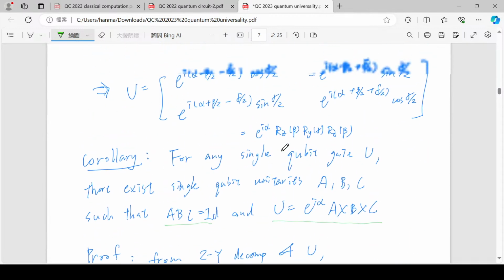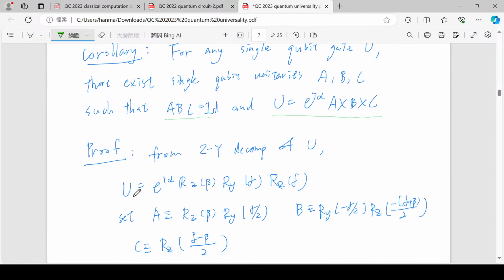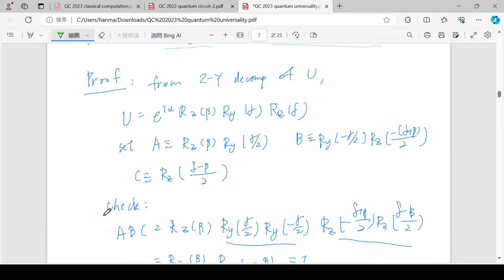And the proof is basically exactly using this decomposition here. We already know U can be decomposed into this: U is RZ beta, RY gamma, and RZ delta. And so we set our ABC such that they basically cut this RZ, RY, RZ part.